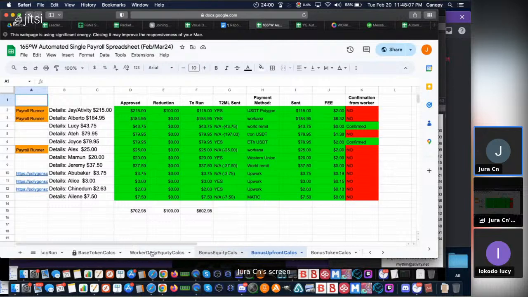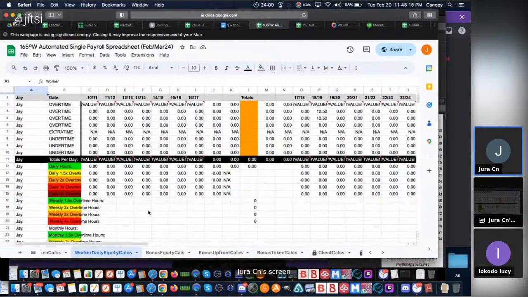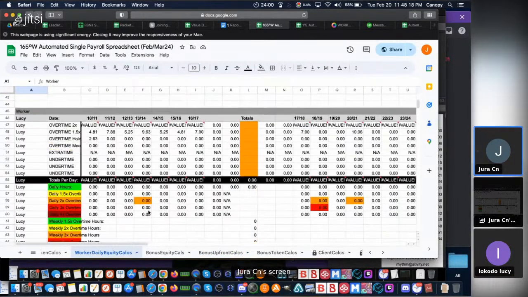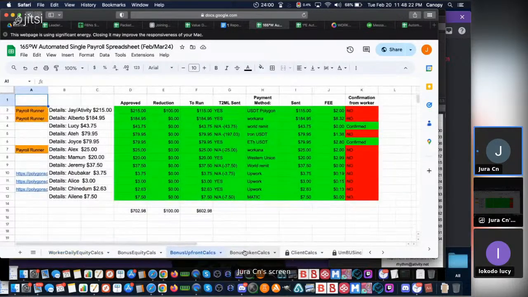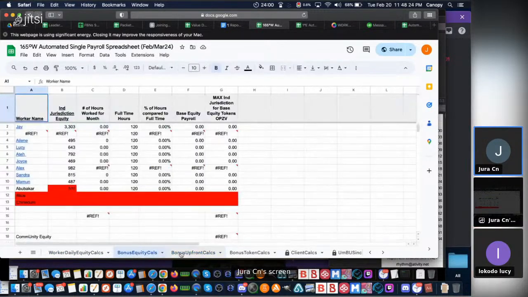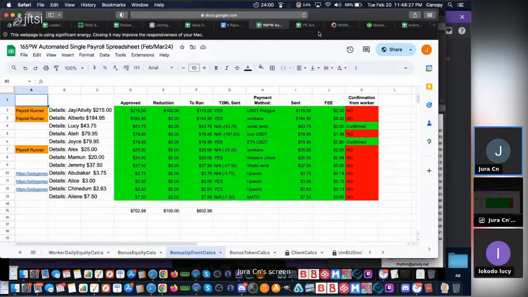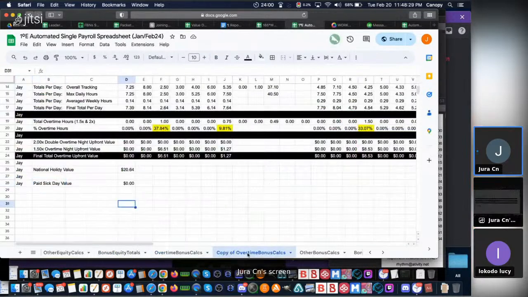This is why it's good to do things in order. I've done it here. Maybe this is where I messed up. No, these are correct. Bonus upfront Calcs, bonus token Calcs, bonus equity Calcs, nothing. So weird. Oh, maybe it's under the copy here.